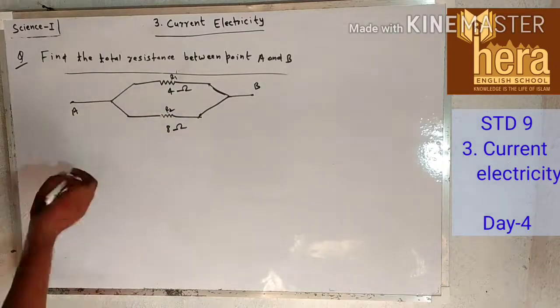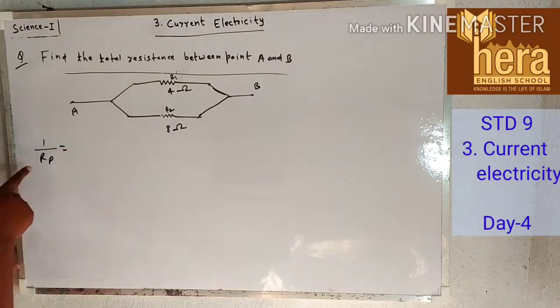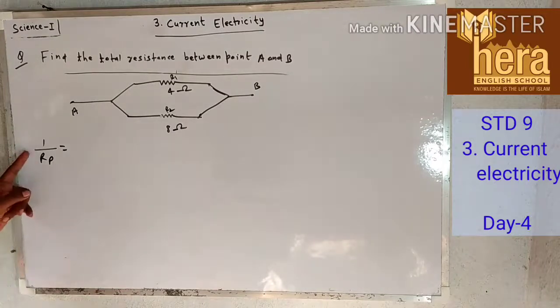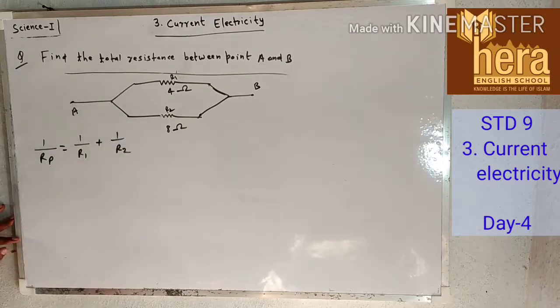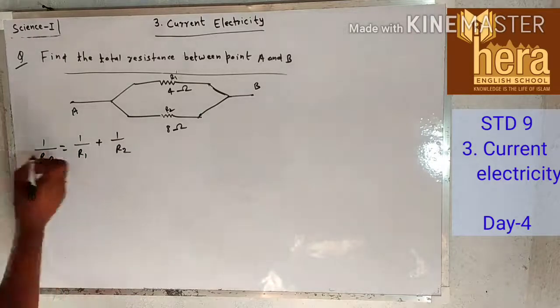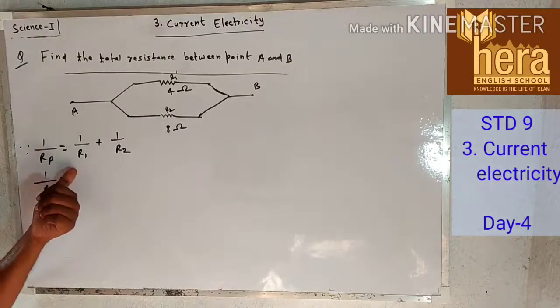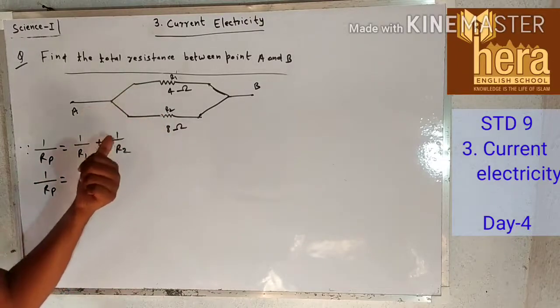So simply we can use here 1 upon Rp is equal to. Don't write Rp is equal to, you have to write 1 upon Rp is equal to. Many students make mistakes here. They simply write Rp is equal to. No, that is wrong. 1 upon Rp is equal to 1 upon R1 plus 1 upon R2. Since there are two resistors, I have taken till R2.